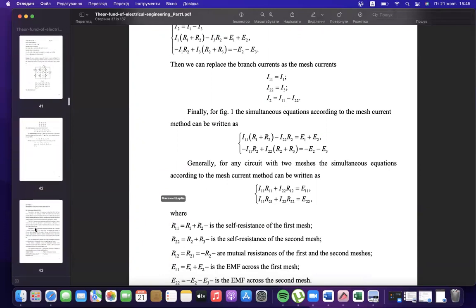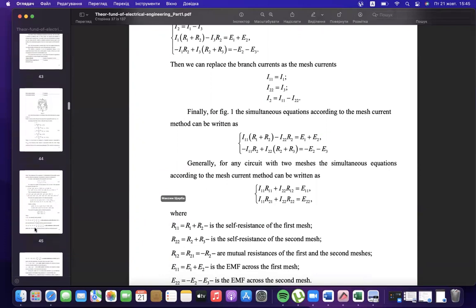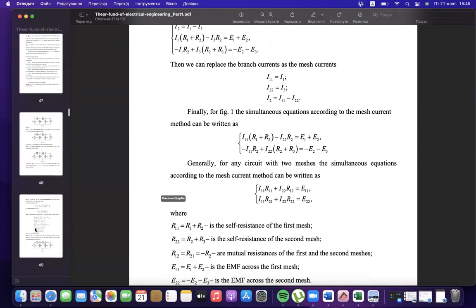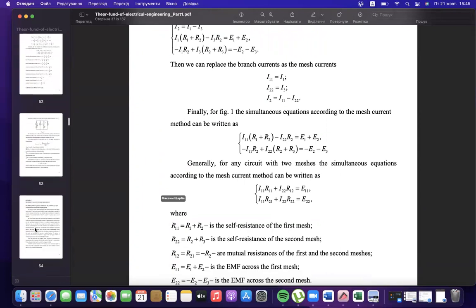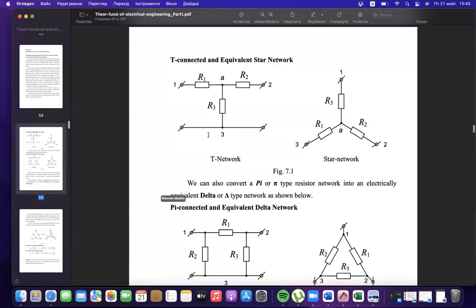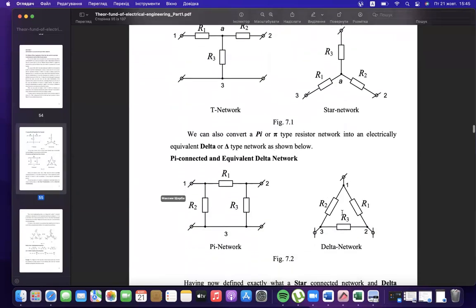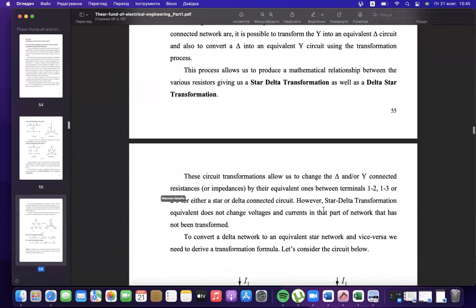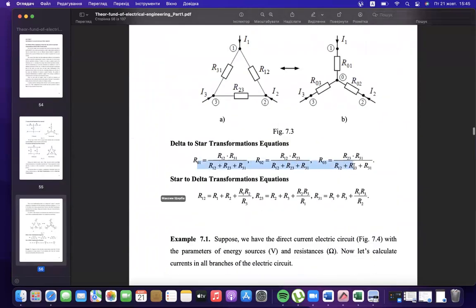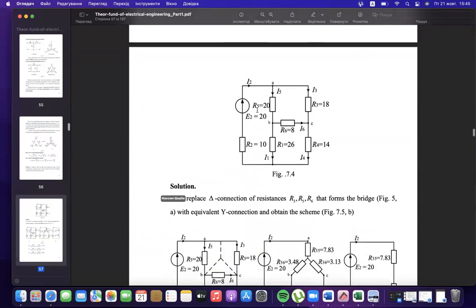The second part was about equivalent transformation. In addition to serial and parallel connection, we have a new type called star-delta connection. For this transformation, we have specific formulas. If we have, for example, the resistivities of delta, we could find the resistivities of star. Or if we have the resistivities of star, we could find the resistivities of delta.